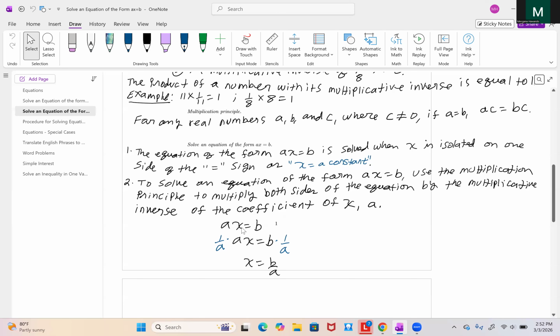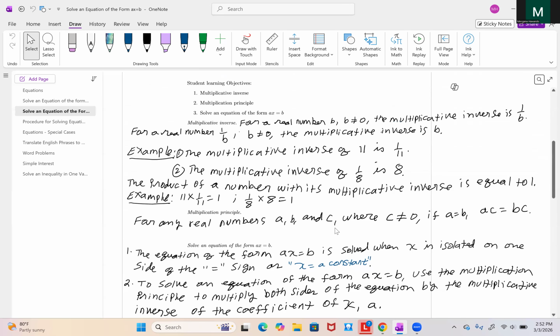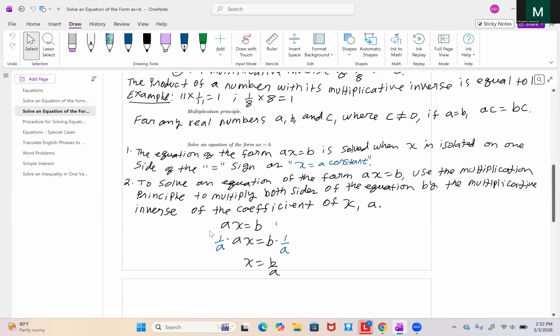We multiply both sides of the equal sign by the multiplicative inverse of the number that is multiplied to the variable. In this case, it is a.